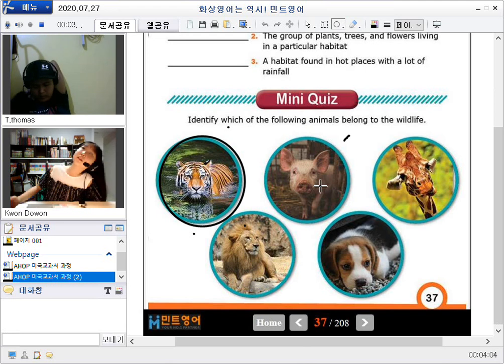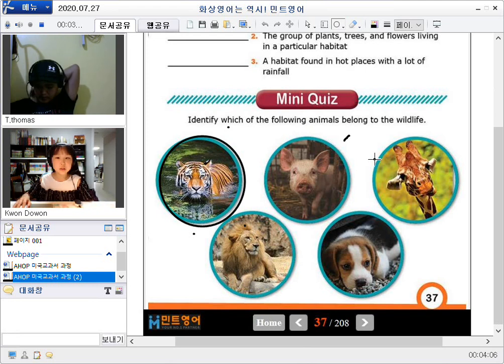They live in the cave. Mm-hmm. I see. Okay. What about the giraffe? It is wildlife. All right, it's in the wildlife. Good.